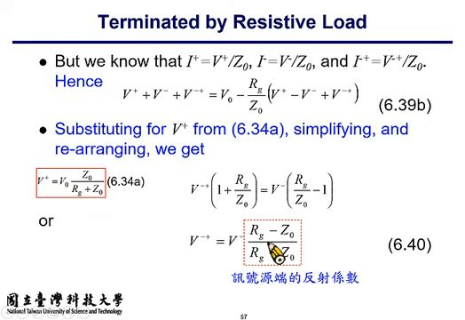You can determine another reflection coefficient. This time you are looking from right to left. You are looking from this side with RG and V0. Okay, so looking this side.